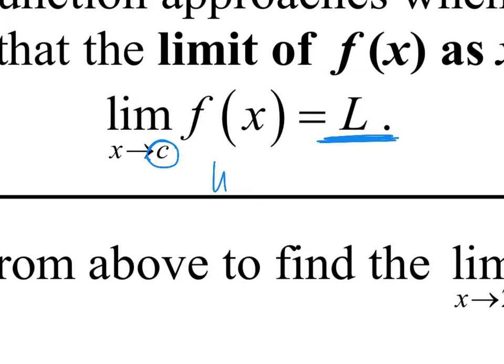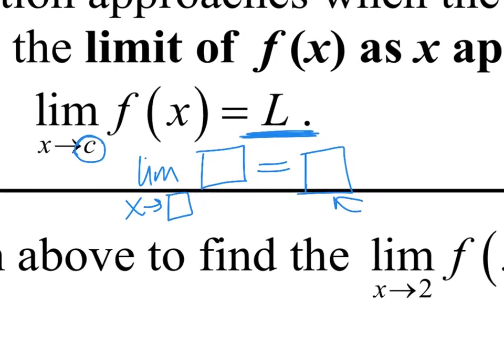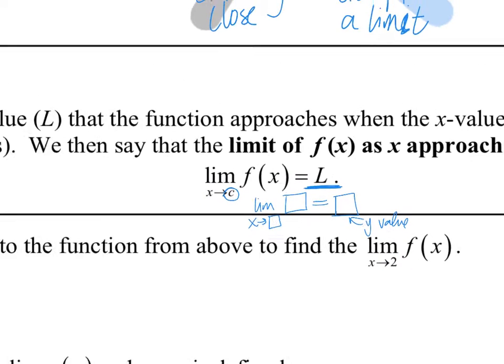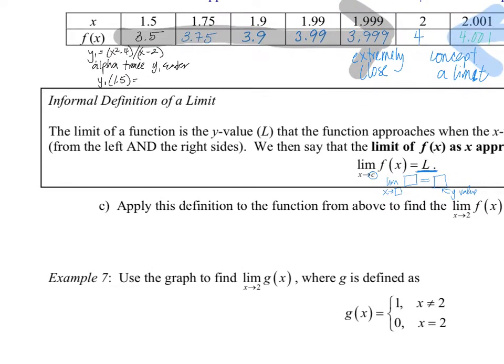So the limit as x approaches some number of some function is going to equal some number, where this is a y value. That's what the function approaches. And notice what it says: from the left and the right. In order for this to happen, it needs to approach from the left and the right, from both sides.